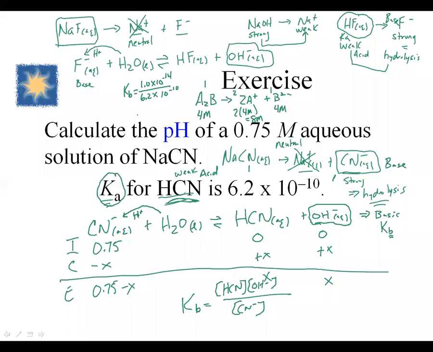And that's going to give us a KB value here of looks like 1.6 times 10 to the minus 5.